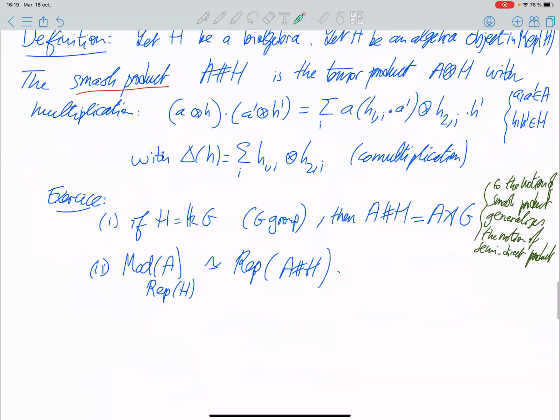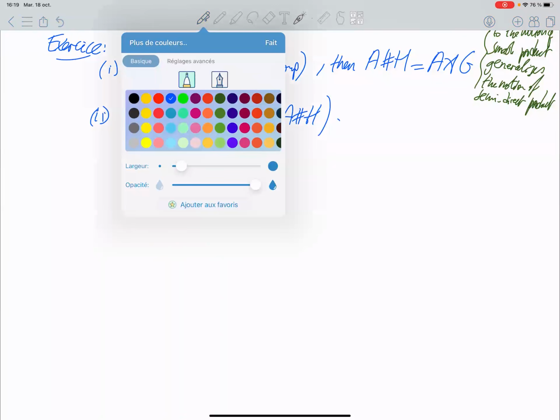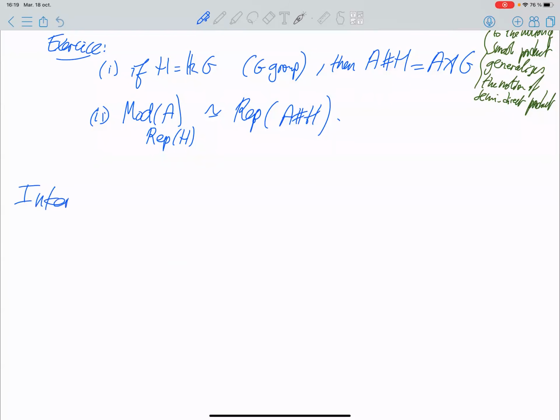Now we will start a new subsection called internal Hom. A very useful tool called internal Hom in module categories.